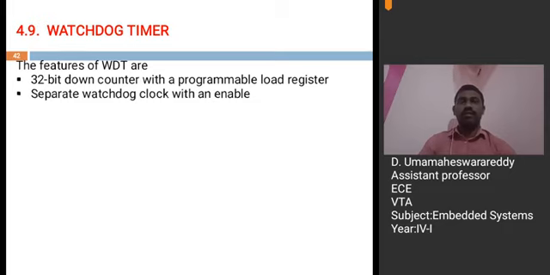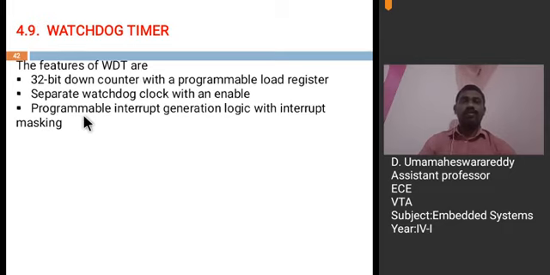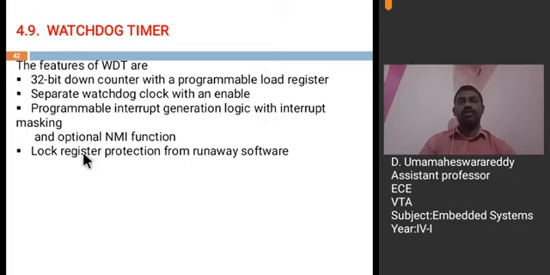And it is also having programmable interrupt generation logic with interrupt masking and optional NMI function. When an interrupt is generated from the watchdog timer whenever the time elapses, then the generated interrupt is a non-maskable interrupt. And it is also having lock register protection from runaway software.